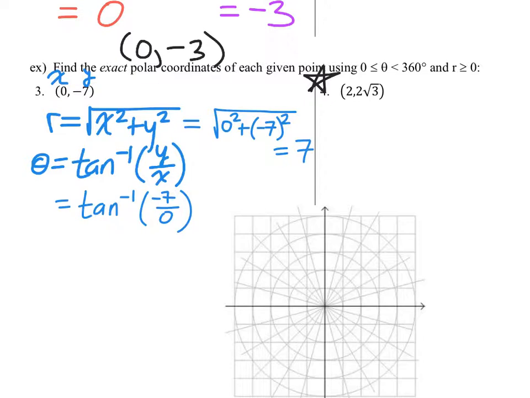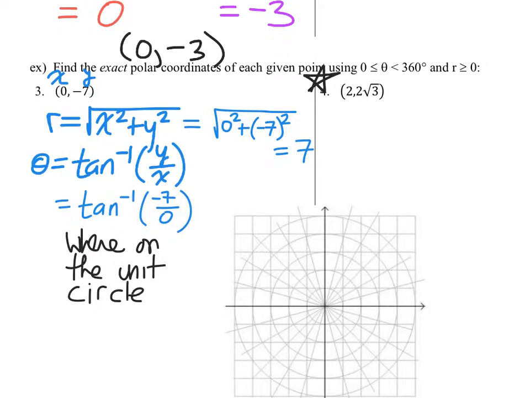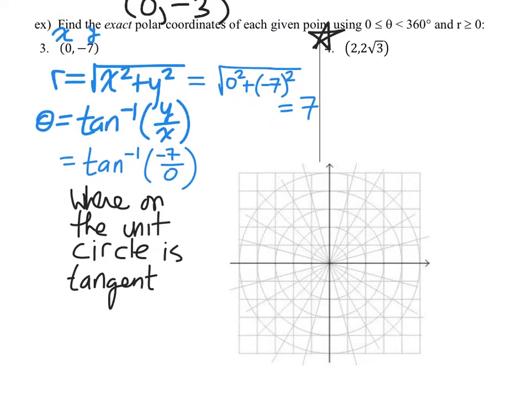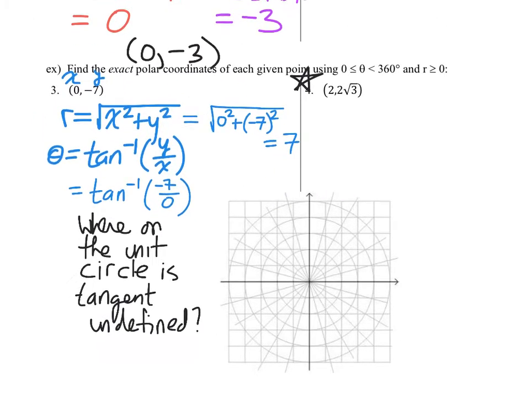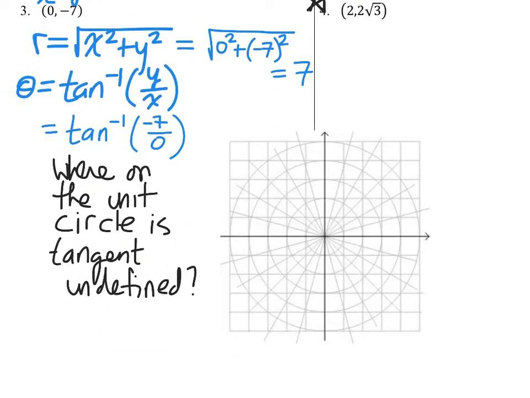So you'd be asking yourself, where on the unit circle is the tangent undefined? It happens in 2 places. And this question's calling for degree answers.